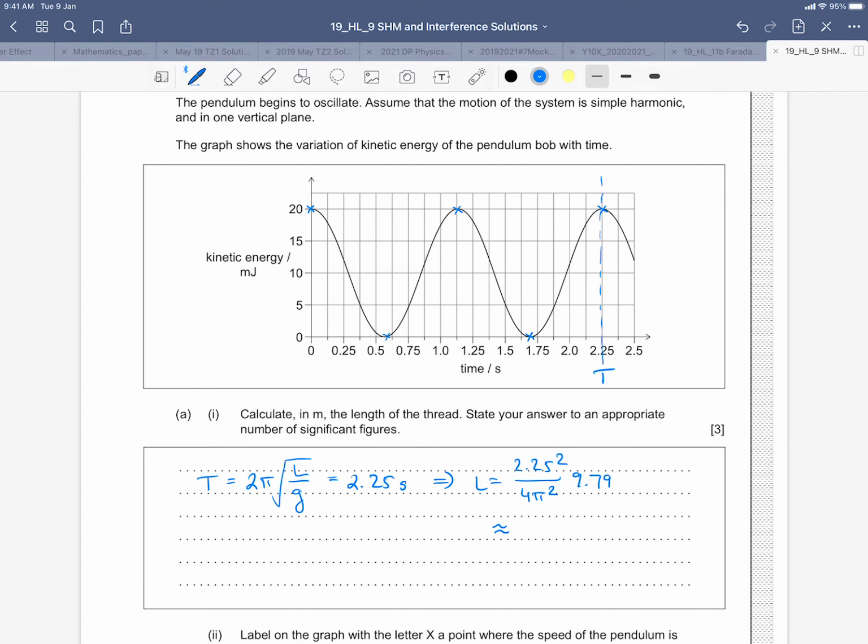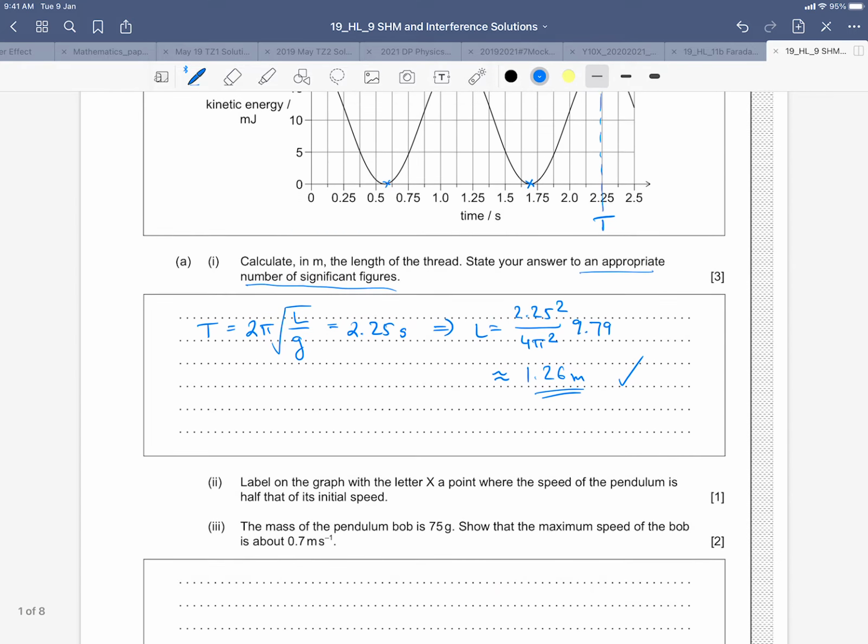Let me just see what I get, I didn't even do it with the Hong Kong number. I should get the same. 1.26. Yeah, 1.26 meters. Notice they want you to state your answer to an appropriate number of significant figures. So that third mark is actually for rounding it off properly. If you use 9.8, you just have to round it off to 1.3, 2 sig figs, and that's not too difficult.